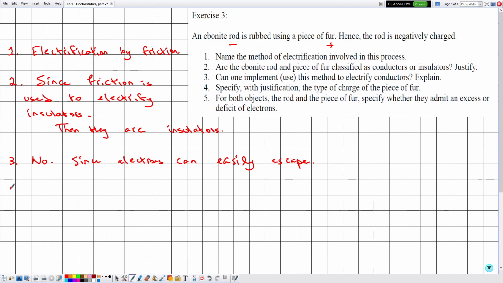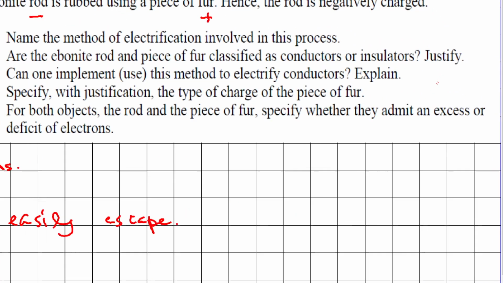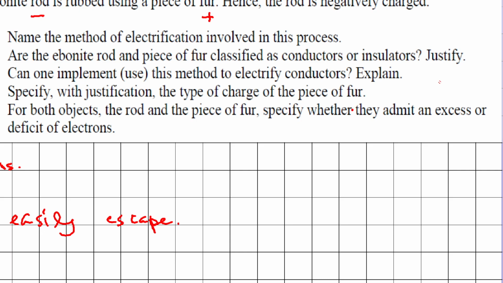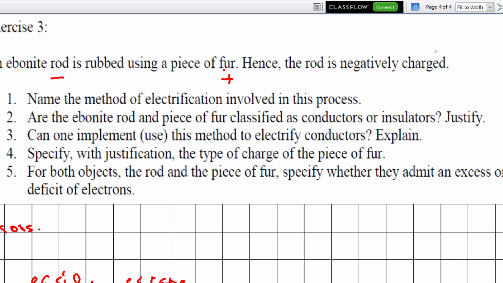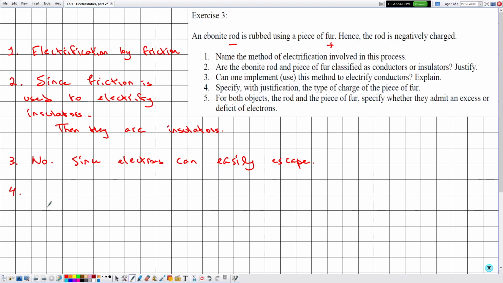Now in number 4 they are telling us, specify with the justification the type of charge of the piece of fur. So as we said, we know that the rod is negatively charged, which makes the fur positively charged. So since the rod is negatively charged, then the fur is positively charged.